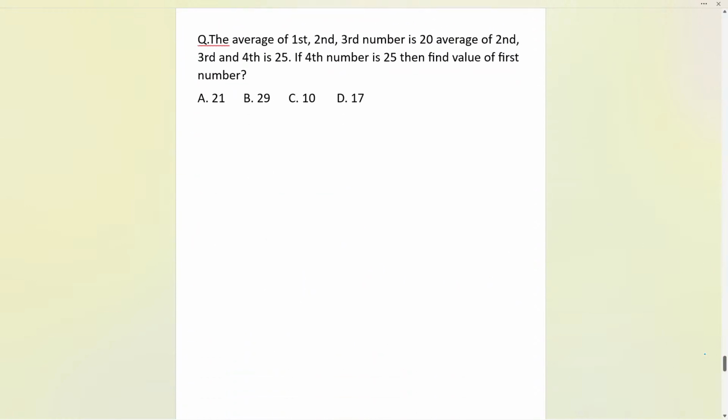Here is the question: the average of first, second and third member is 20. You can try. 1 minute to go. 30 seconds left.